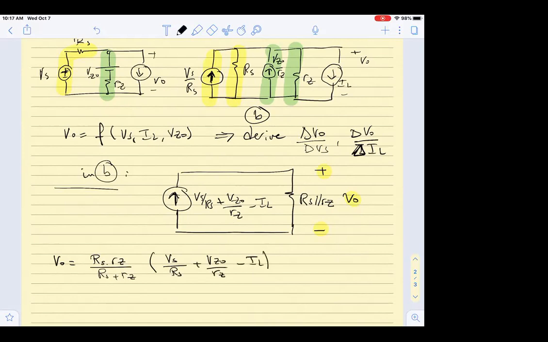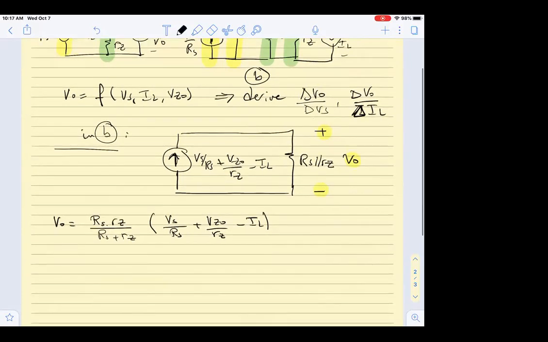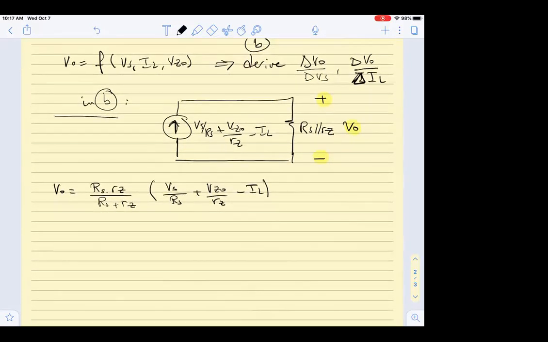Okay, now I have this quantity. I'm going to expand it into different terms. The first term has VS over RS, and RS cancels from the numerator and denominator here, so it becomes VS times RZ over RS plus RZ.